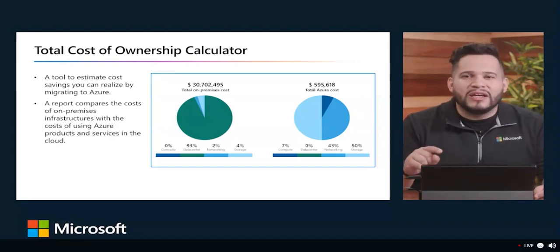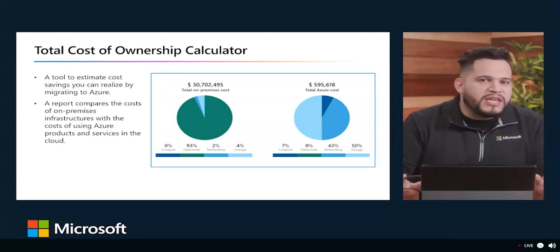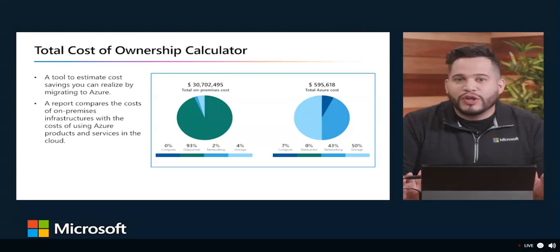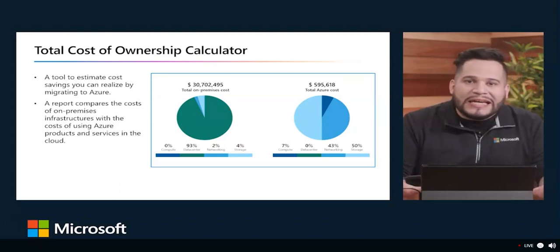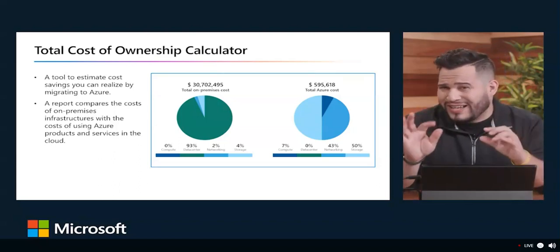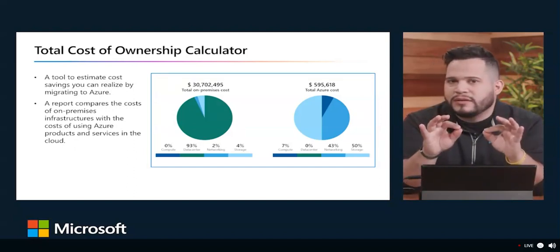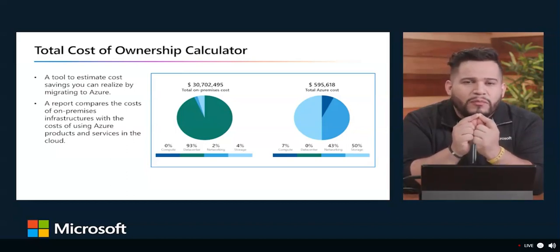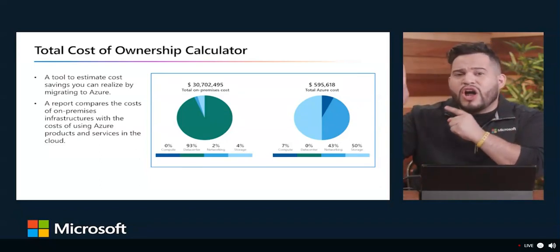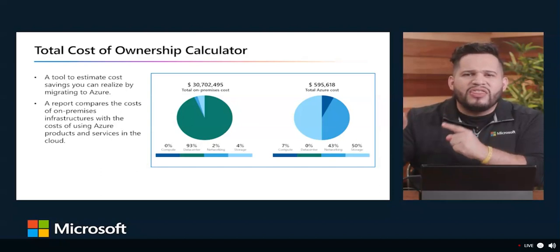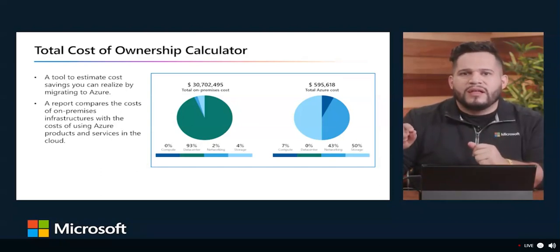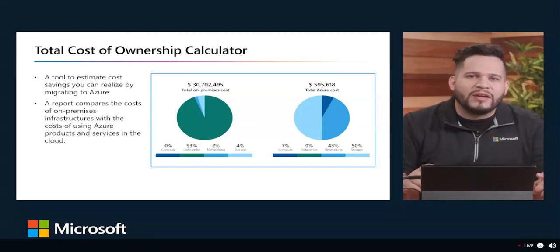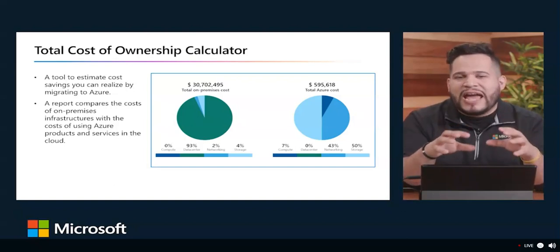It's completely gone. Now, while yes, there is a slight increase in cost for compute and a bigger increase in networking cost percentage-wise, look at the total cost. That is outstanding savings. We went from a roughly $30 million cost all the way down to under $600,000.